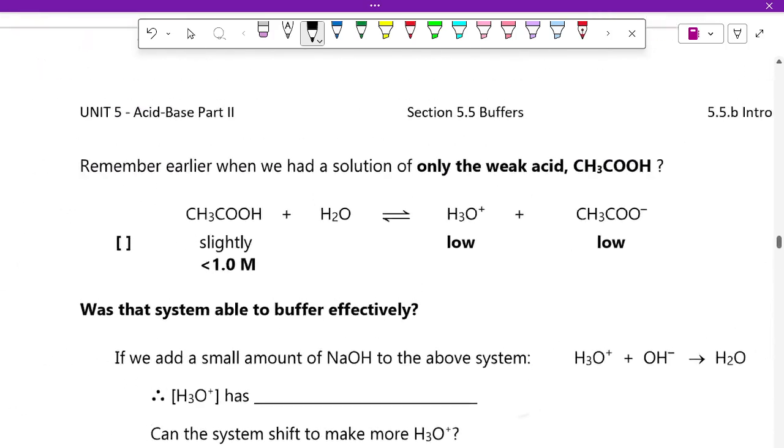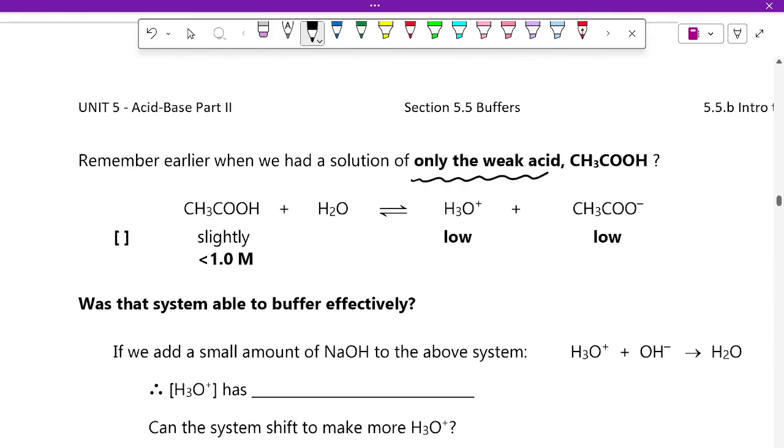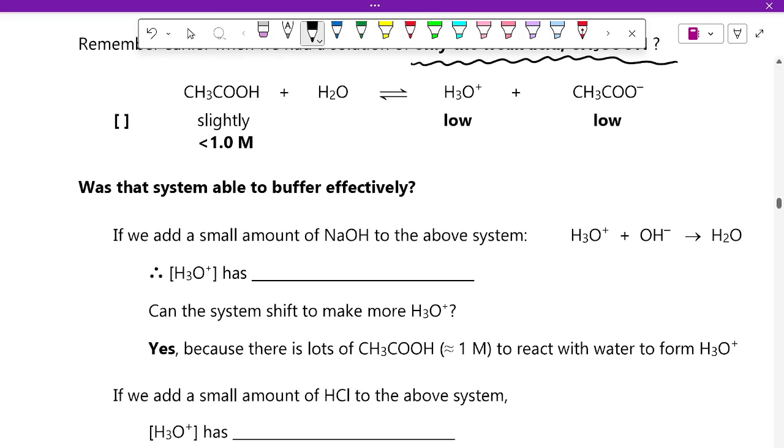Remember when we had only the weak acid? Was that system able to buffer effectively? No, because if we added a small amount of OH, OH reacts with hydronium, the H3O plus has decreased.